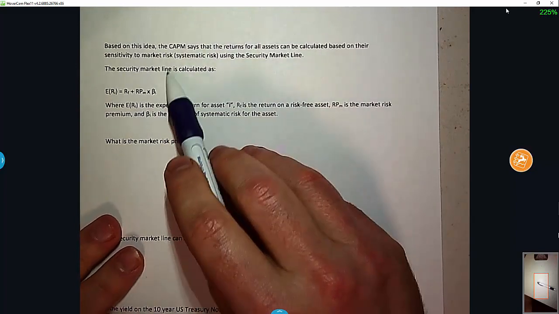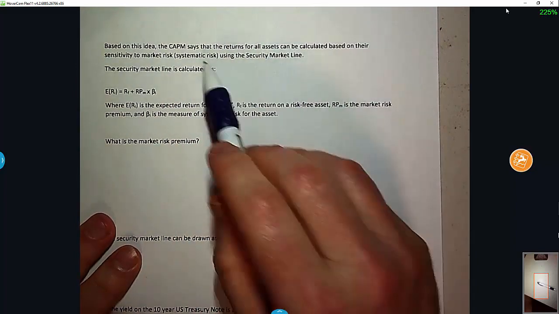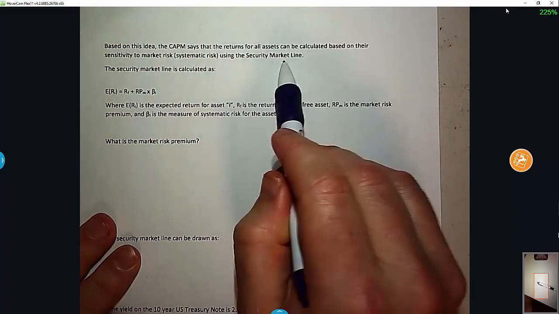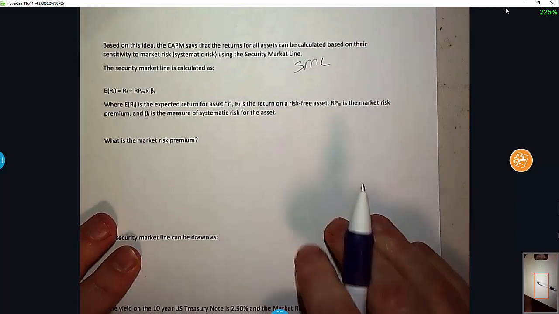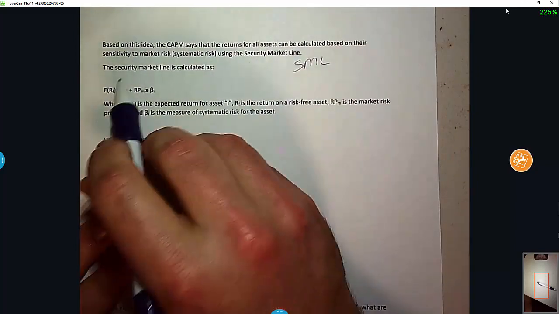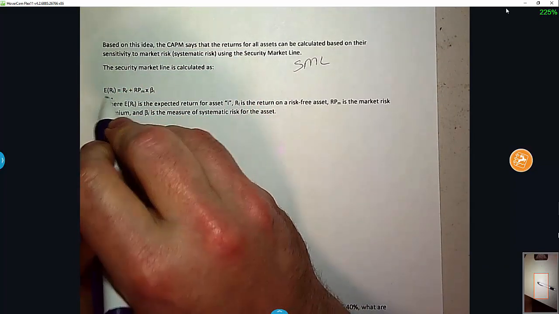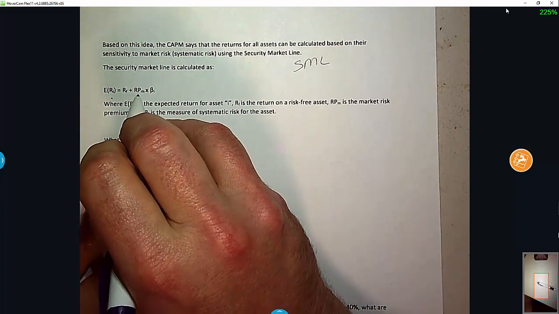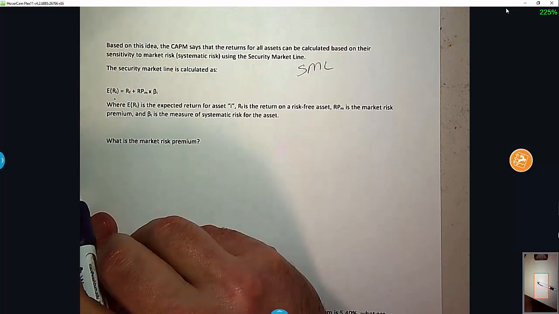Based on this idea, the CAPM says that the returns for all assets can be calculated based on their sensitivity to market risk using the security market line. Sometimes you'll see this as SML, security market line. The security market line is calculated as the expected return for an investment is equal to the risk-free rate plus the risk premium for the market multiplied by the beta of the investment.